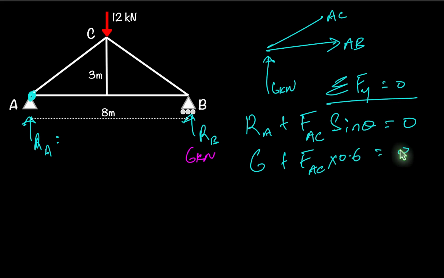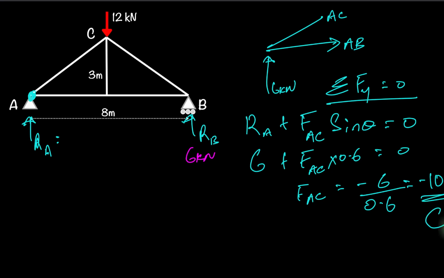So this is the maths that we have now to solve. So FAC would be equal to negative 6 over 0.6. So that should be negative 10. And it means that this member is compressive. So what I would have to do now is go back to my diagram and just draw that arrow like that. So AC is compressive.